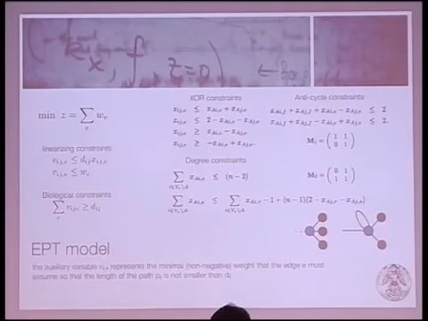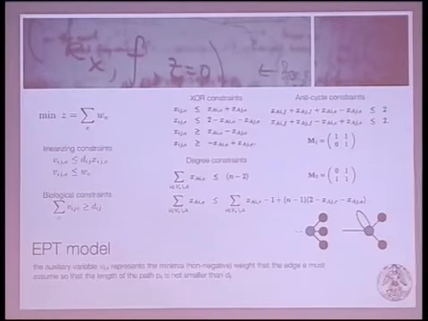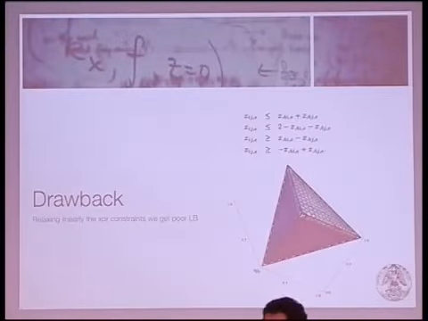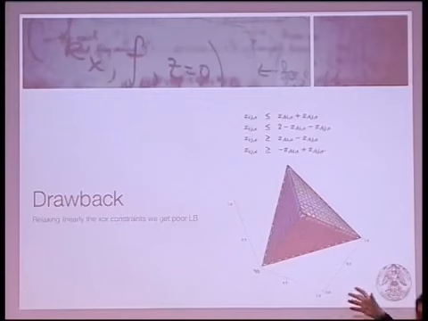This model, as you can see, has a polynomial number of variables, a polynomial number of continuous variables, a polynomial number of binary constraints, and well, it is relatively nice. But the problem is that we have the XOR constraints that are really horrible.